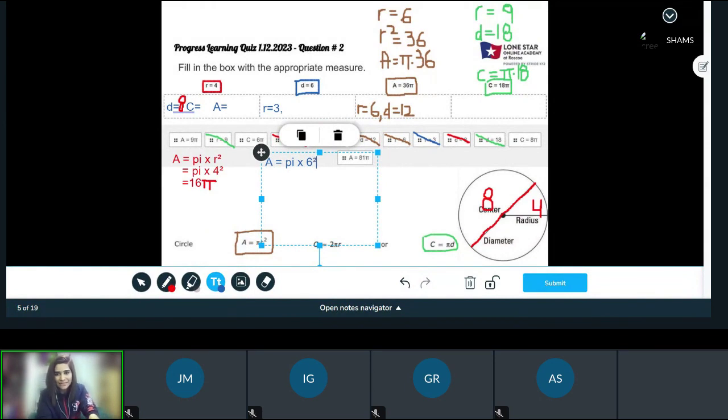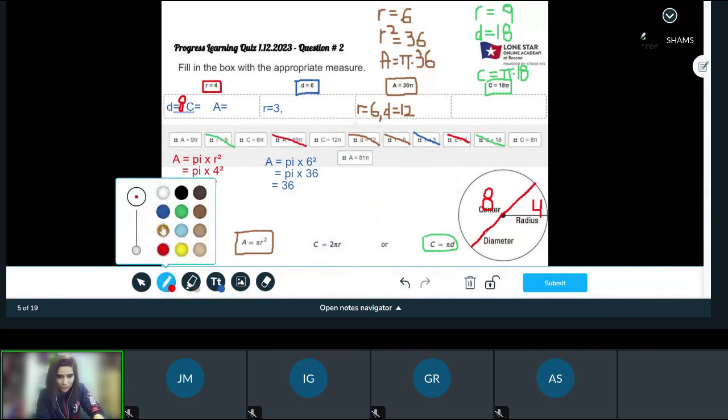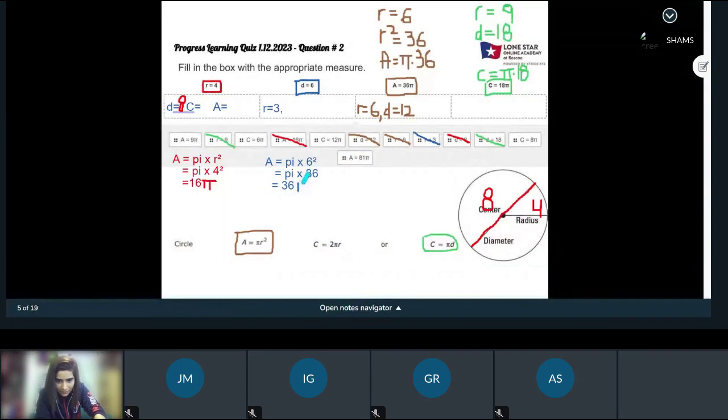Small 2 means multiply the number by itself, right? So area equals pi times 6 times 6, 36. And therefore, I'm going to end up getting 36 times pi. That is 36 pi.